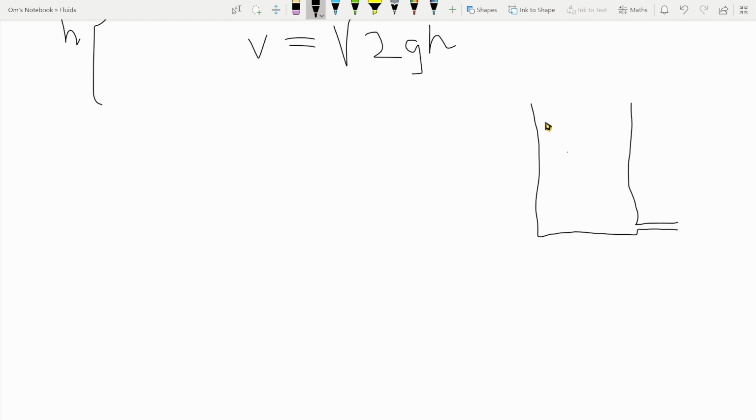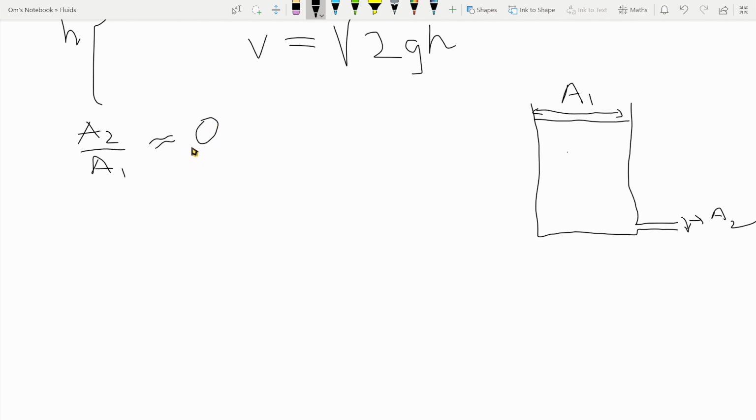That is, if the area of cross section at the top of the tank is A1, and the area of cross section at the hole is A2, then since A2 is very small and A1 is quite large, I can say that A2 by A1 is approximately equal to 0.